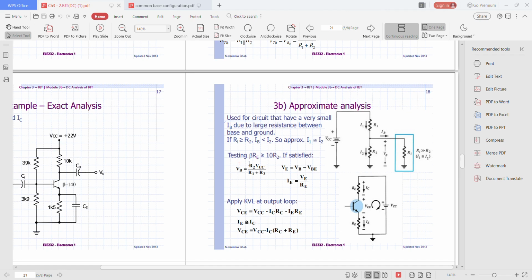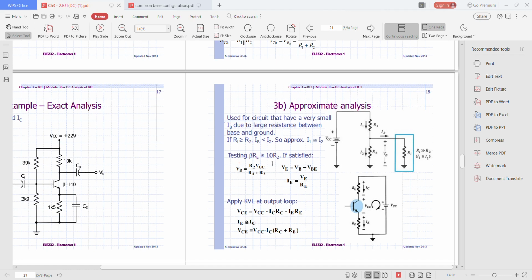If you want to do approximate analysis, I advise that the first thing you need to do is to test whether beta RE is greater than or equal to 10R2. The reason we test this is because we want to see which has the higher resistance, RE or R2.